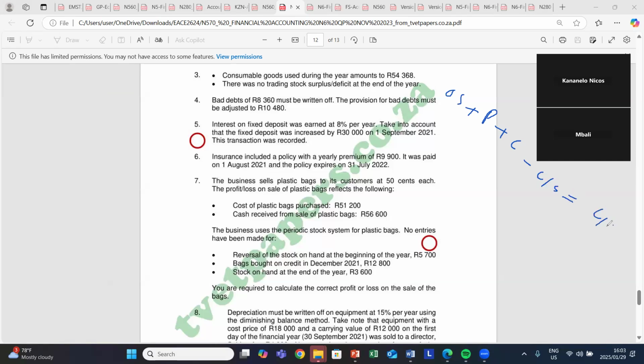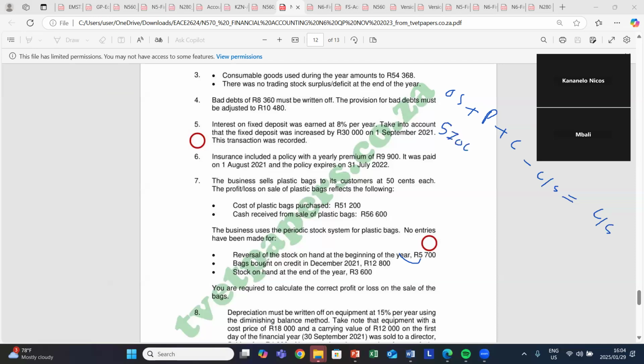Meaning with this information that they provided us with, we will have to calculate our cost of sales. You'll have to check your opening stock. How much is your opening stock? We said that our opening stock for the year amounted to 5,700. Therefore, we'll say 5,700 plus your purchases, the stock that you bought.